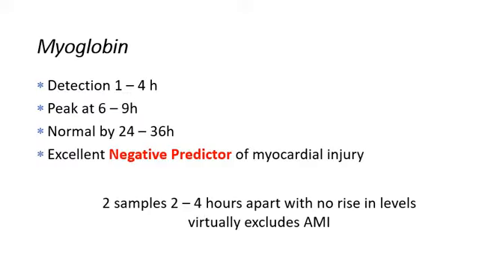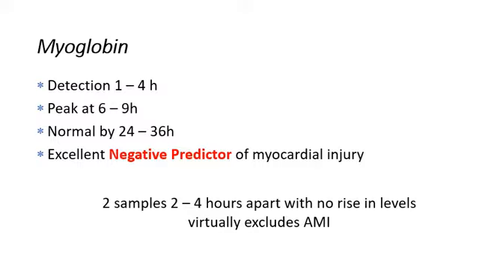Myoglobin starts to rise in the blood 1 to 4 hours after the onset of myocardial infarction. It will peak within 6 to 9 hours, but it will disappear within 24 hours.